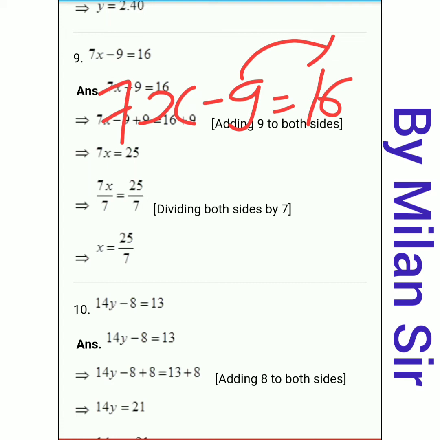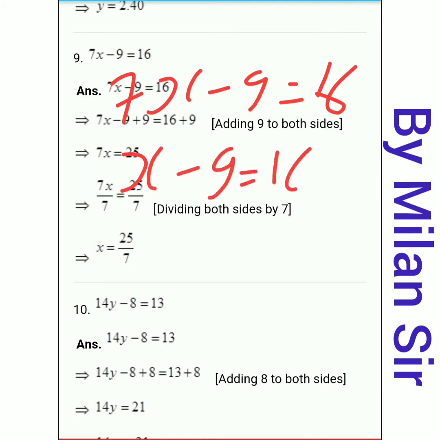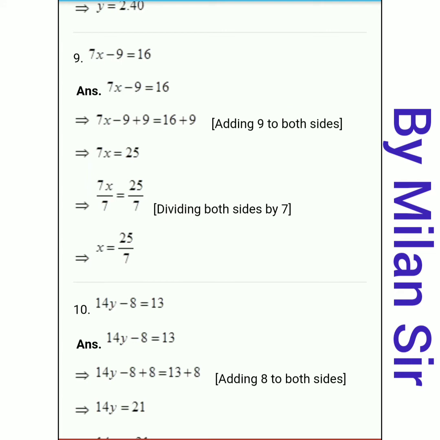We can also say that first of all we need to transfer the constant term to the right hand side. Here 9 is the constant term, so first of all transfer this minus 9 to the right hand side. Okay, we cannot directly transfer our 7. That means we cannot write like this: transfer this 7 and x minus 9 is equals to 16 by 7. This is wrong.